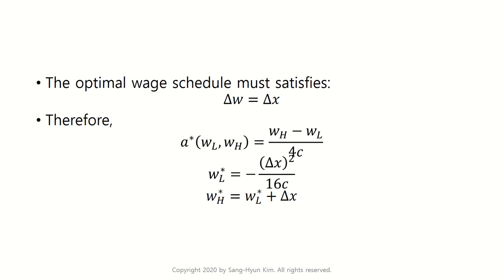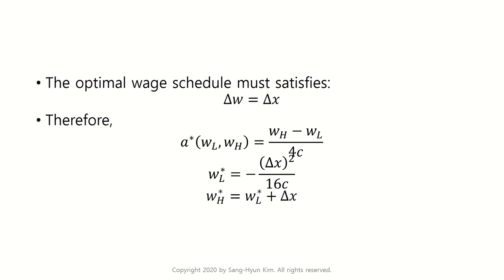In this example, we assume that the reservation payoff is 0, but the zero reservation payoff was just one way to simplify the model. Maybe in reality the reservation payoff is not 0. Then the reservation payoff will appear in the expression of WL.